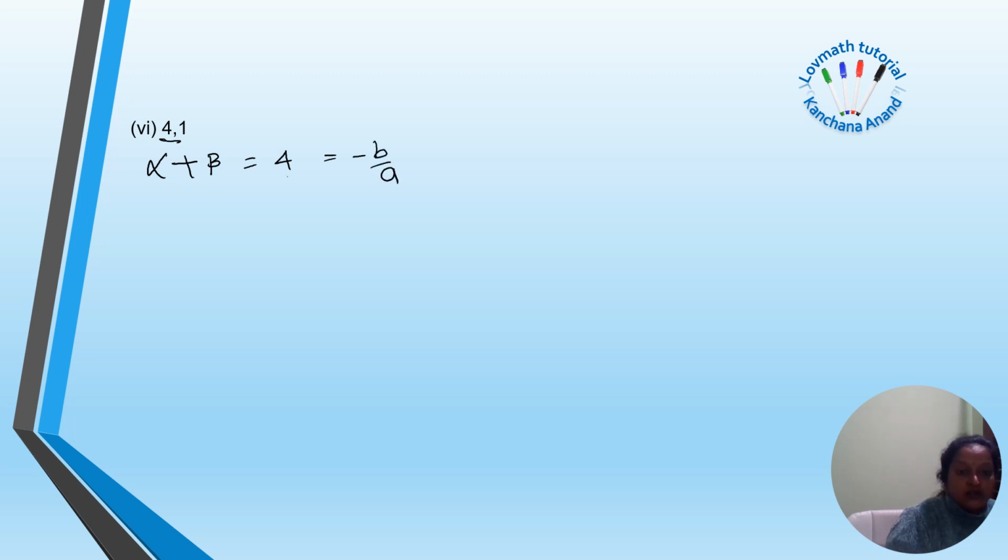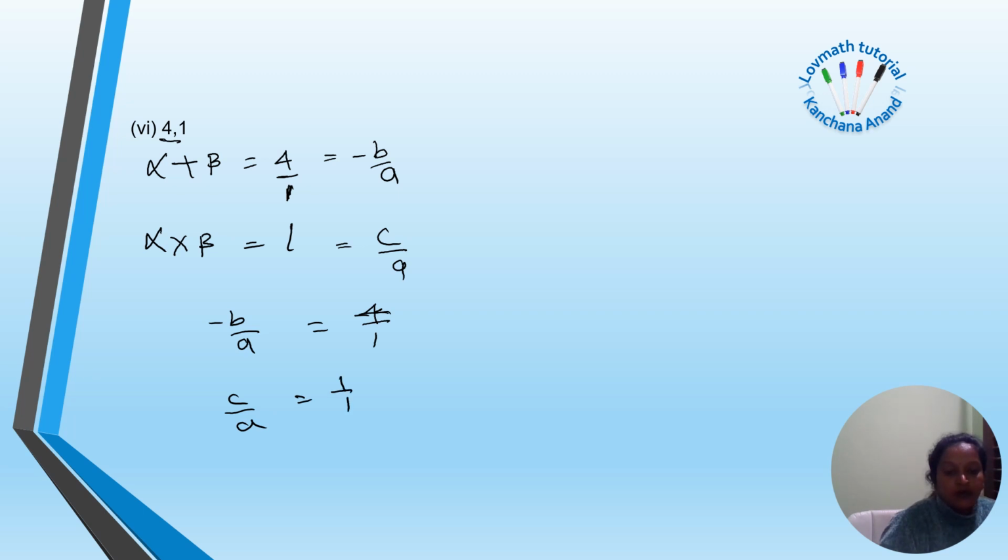We can consider a as 1, and again alpha into beta is equal to 1, which is equal to c by a. So therefore minus b by a is equal to minus 4 divided by 1, and c by a is equal to 1 divided by 1.